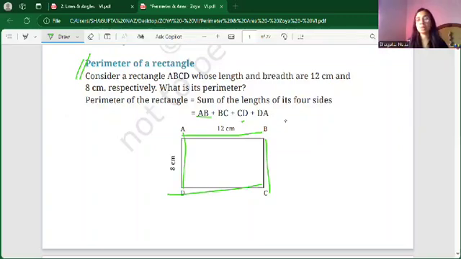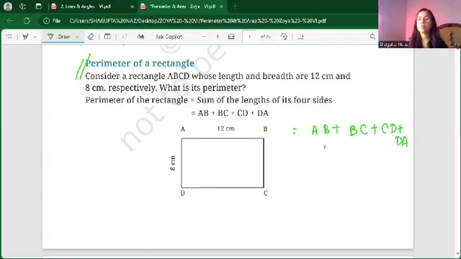When we add all of them, we will have the sum of the lengths of its sides. For example, we note down AB plus BC plus CD plus DA. So we are going to put down the values of AB, BC, CD and DA.